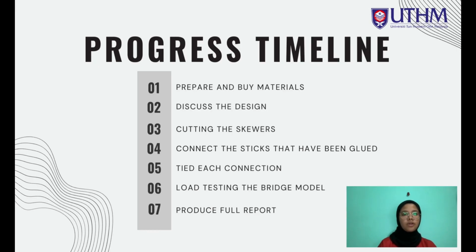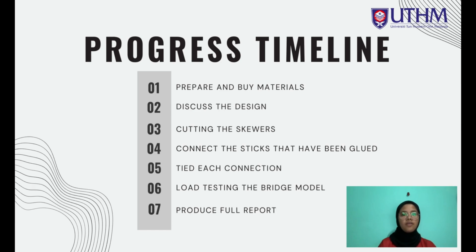Lastly, for the progress timeline, there are a few steps to produce a bridge. First is to prepare and buy materials such as skewers, hot glue gun and rope. Next, discuss the design that we want to choose based on the strength and having an easier step to do it. The third process is cutting the skewers based on the measurement given, which is 120 cm and divided into 6 parts, which is 8 cm times 6 and 12 cm times 1, and gluing the skewers.